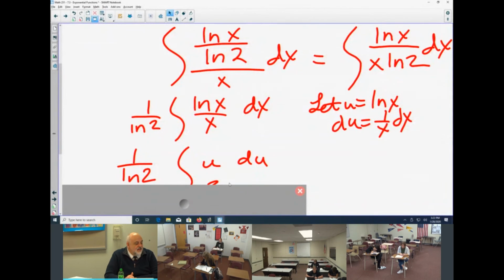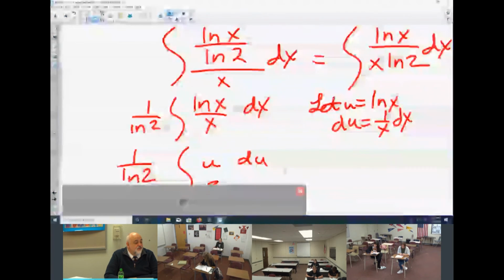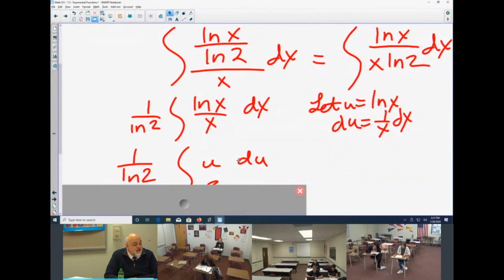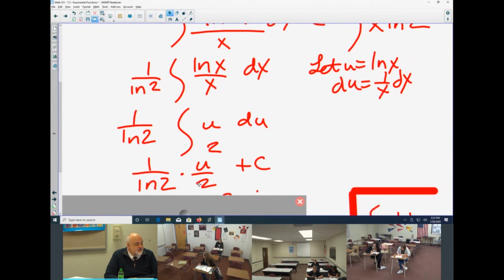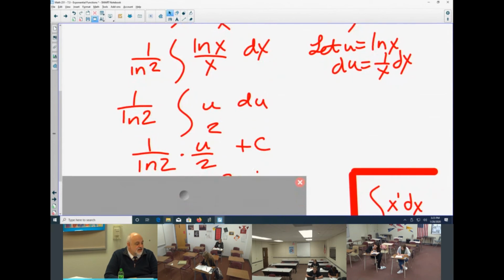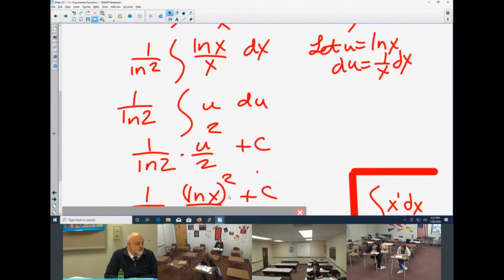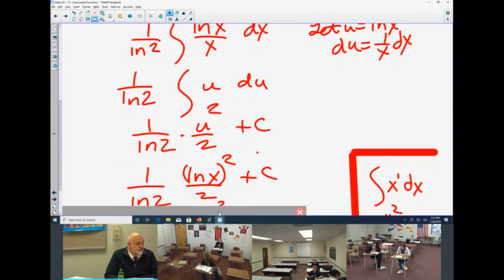And so now the integral of u du, you add 1 to the exponent and divide by that. And then substitute back in terms of x. So we're going to get natural log of x squared over 2 times 1 over natural log of 2 plus c.